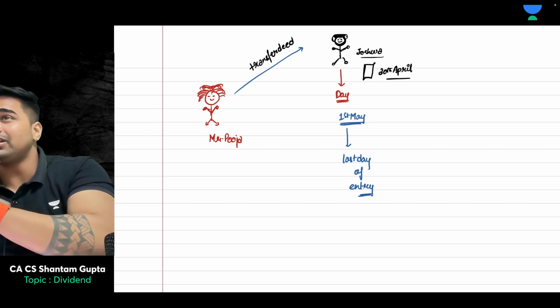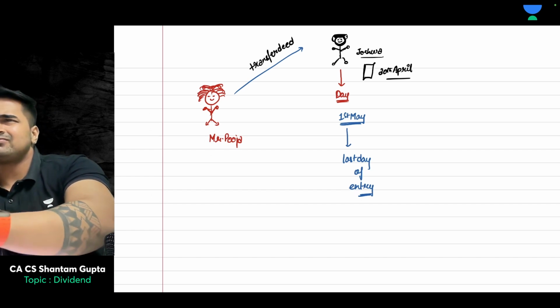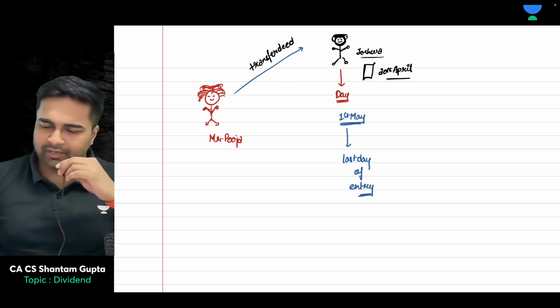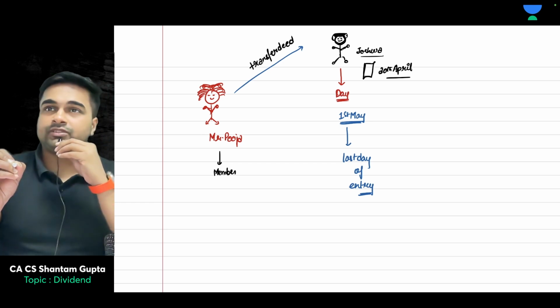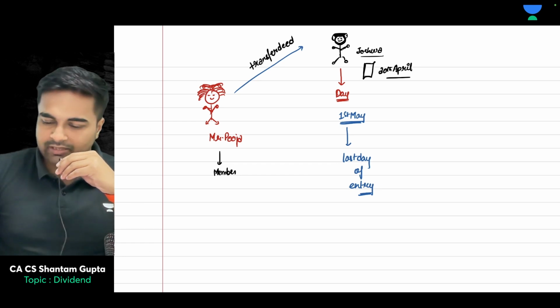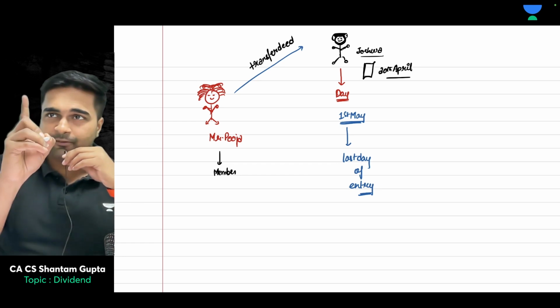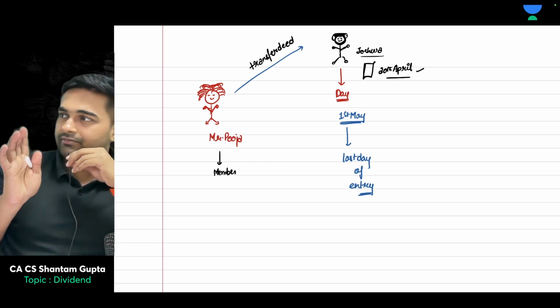So understand the tricky position. Here, in the books of the company, Pooja is the shareholder. And just one day before the books are closing, which is on the 1st of May, a transfer deed is submitted.